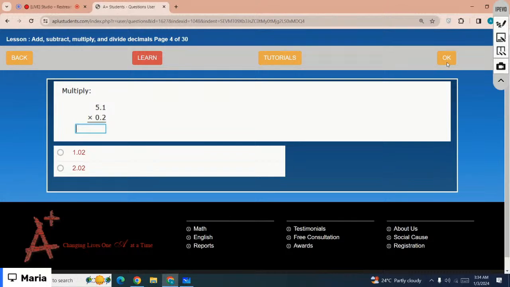The next one is 5.1 times 0.2. So, which is the correct option? That is 1.02.